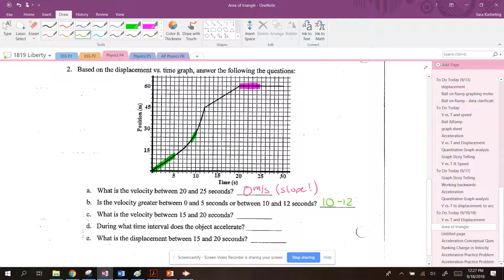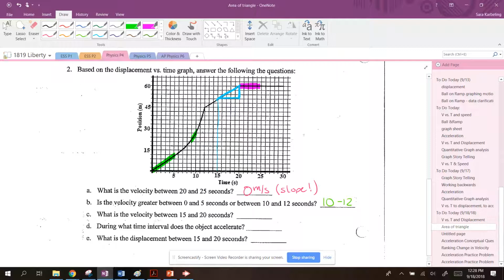What is the velocity between 15 and 20 seconds? What are you going to look at there? Between 15 and 20 seconds, so that's here during this time. So we can look at rise over run, change in y.